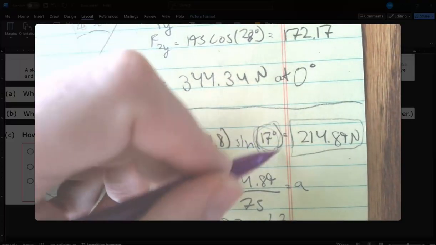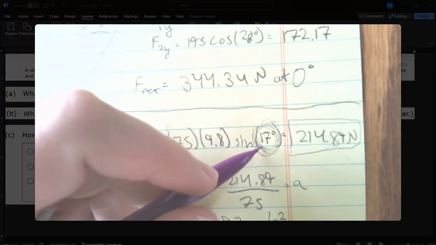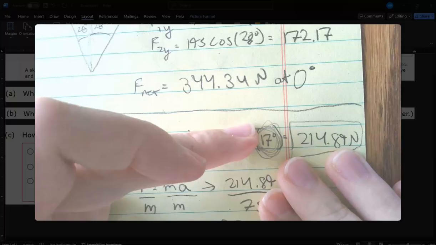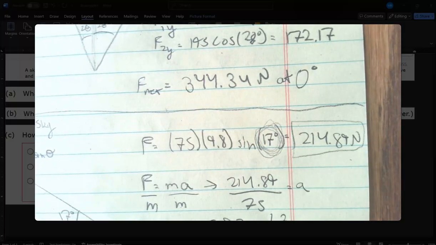The thing that's changing as your ski slope becomes steeper is the degree measure. As you increase the degree measure, the sine of that angle is going to increase as well, up until you get a straight up and down ski slope, which would be pretty dangerous, in which case your force would just be 75 times 9.8.